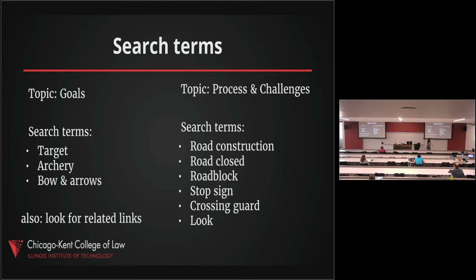So a topic was gold, and I just went with one visual metaphor of targets and archery, but I might have tried multiple terms. A lot of times you're much more likely to find what you need by redoing the search. And another one, and these are all, I'll show you really, really quickly, from our presentation last year. We were talking about process and challenges, obviously an extremely abstract topic, but then here's how we did it.